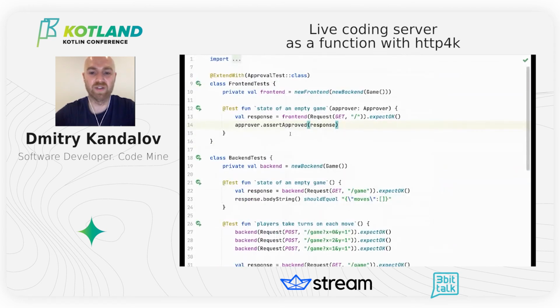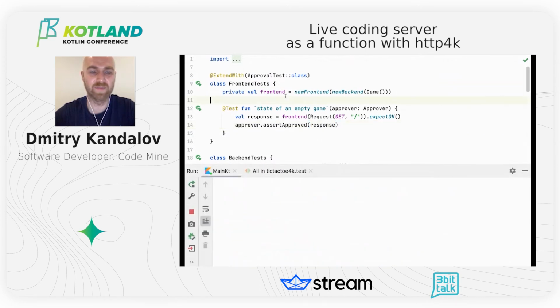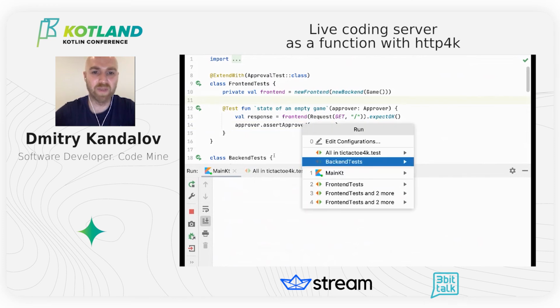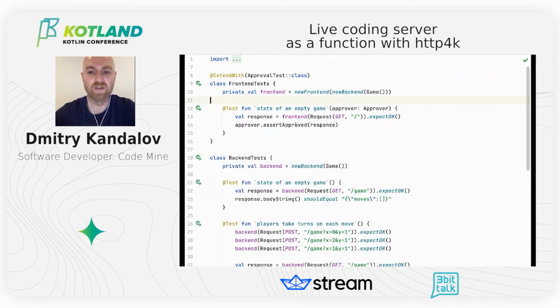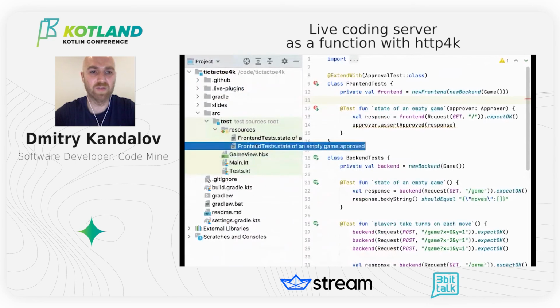So let me just run the test and see that we get yet another approval failure in this line. Ran main function. So we get another failure, and we have 2 files.